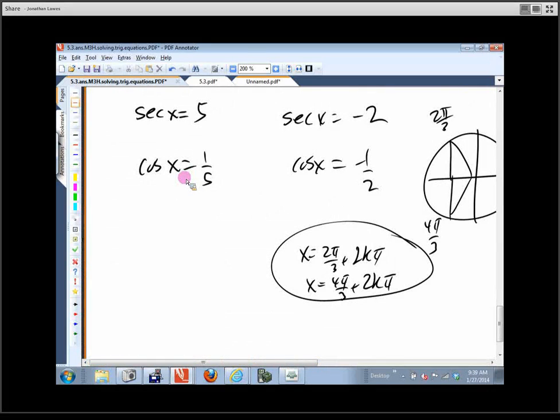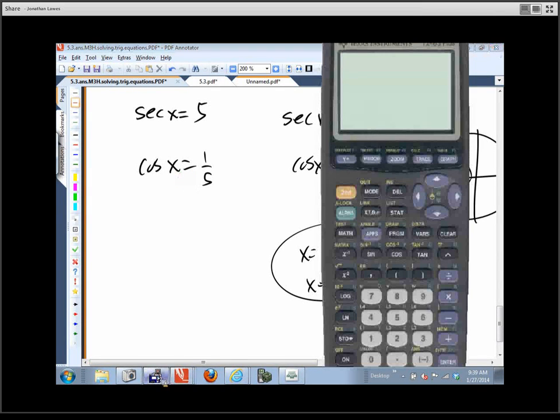What is it, Noah? It's calculator time, okay? Make sure your calculator's in radian mode, and here's what we're going to do. So I'm going to do cosine inverse of 1 divided by 5. Remember, the secant was 5, so that means the cosine would have to be 1/5. It's going to tell me an answer of 1.36.